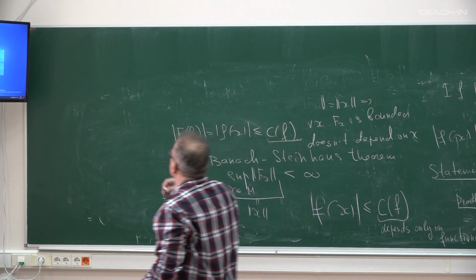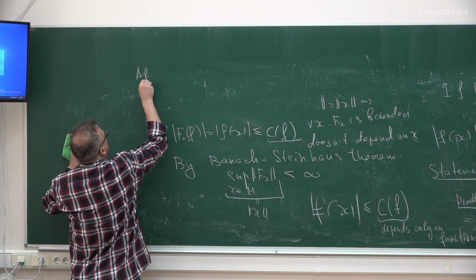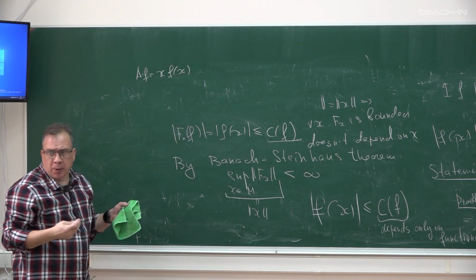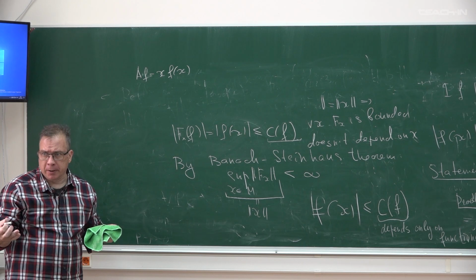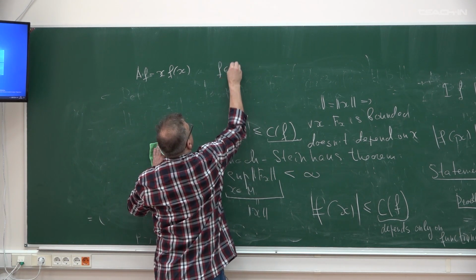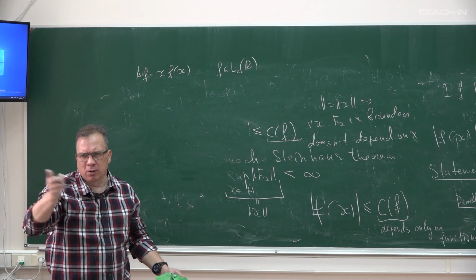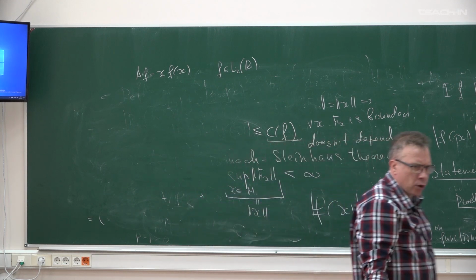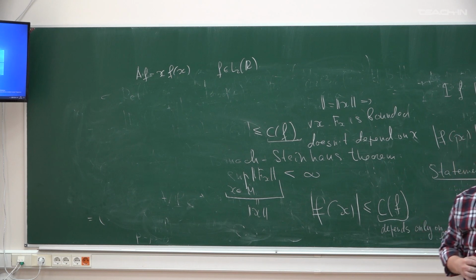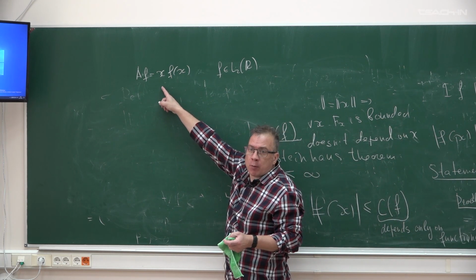For example, consider the operator (Af)(x) = xf(x), the operator of multiplication, the so-called operator of coordinate. You can define it only if f is in L2(R), for example, in the one-dimensional situation when a particle flies along one line. Then xf, you can consider this operator from L2 to L2.